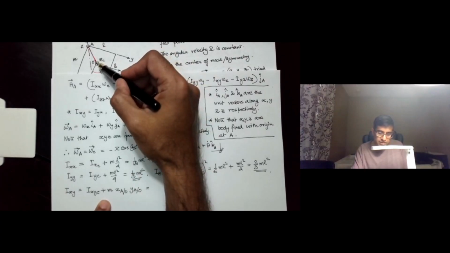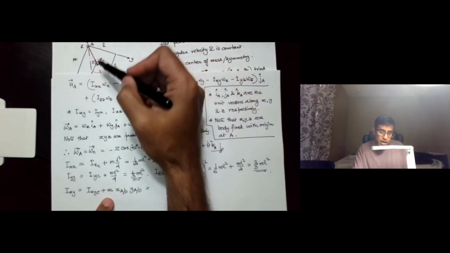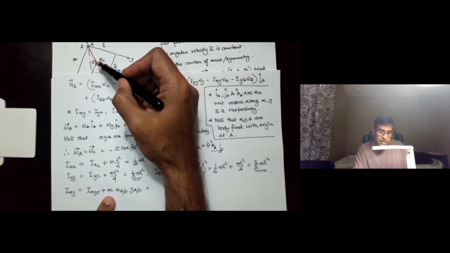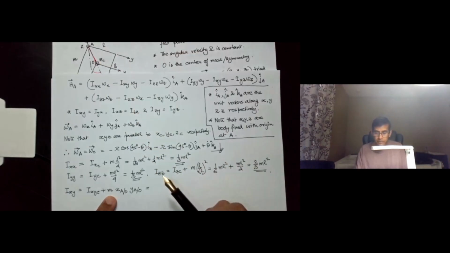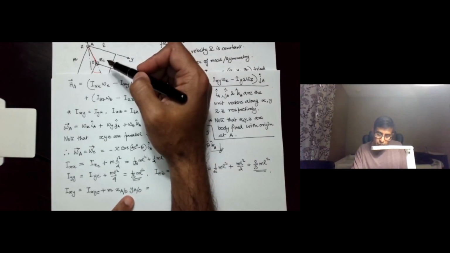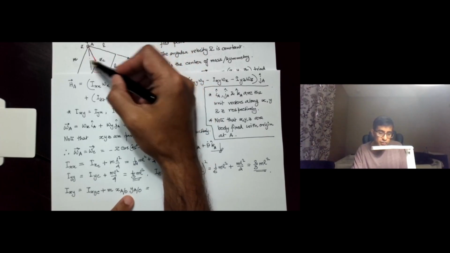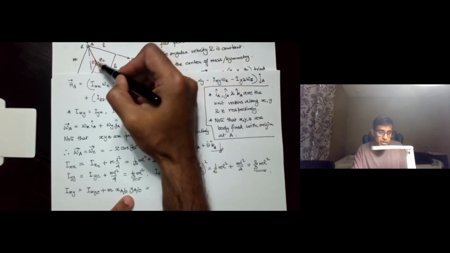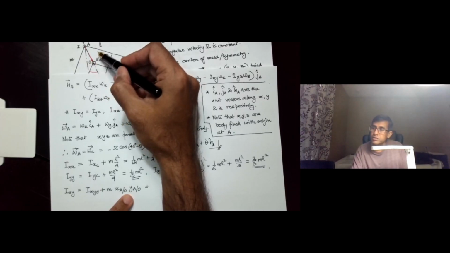If the product of inertia about the center of mass is Ixyc, then about A it is going to be Ixyc plus m times the coordinate of A with respect to O in the x direction, times the movement of A with respect to O in the y direction. In the x direction the movement is minus L over 2, and in the y direction the movement is minus L over 2.